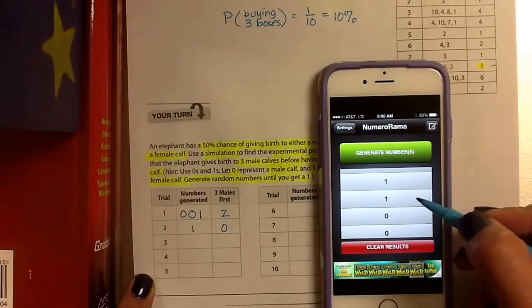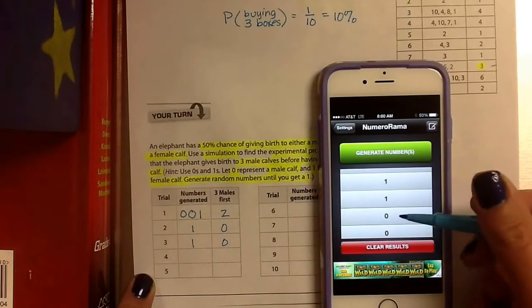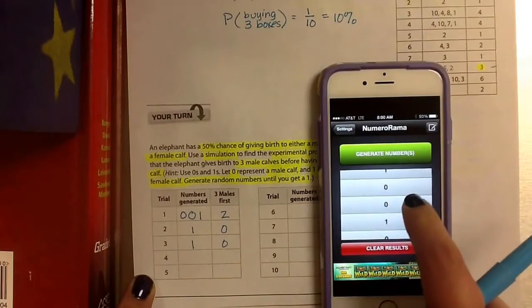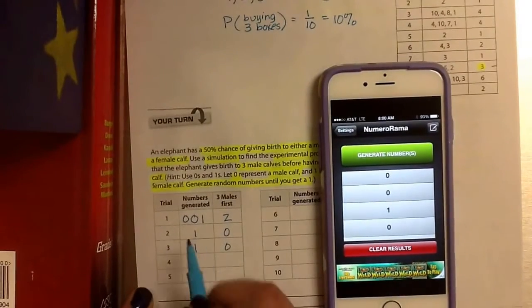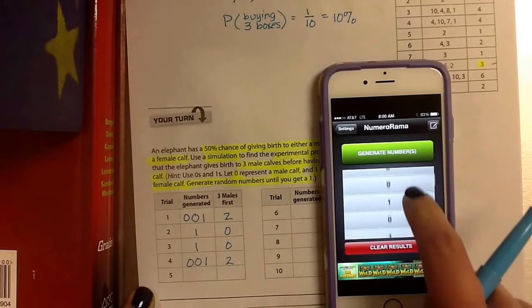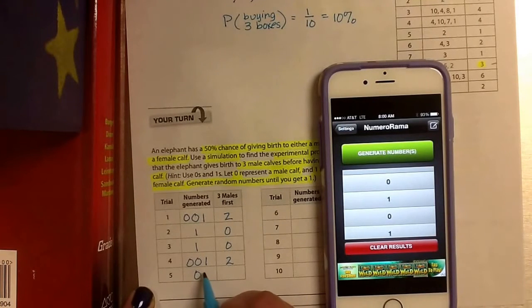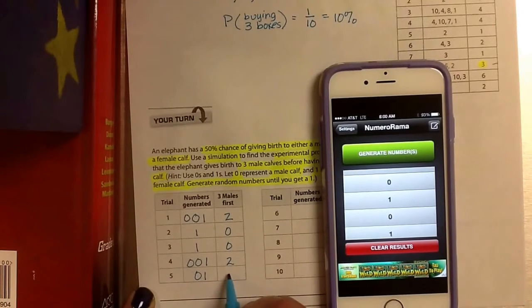Then I had another female right away, so I didn't have to have any males. Then I have a 0, 0, those are males. I had another male, oh, then a female. So I had a 0, 0, 1, so I had to have 2 males before having a female. And then in the next trial, I had a male, and then I have a female. I only had to have 1 male there.